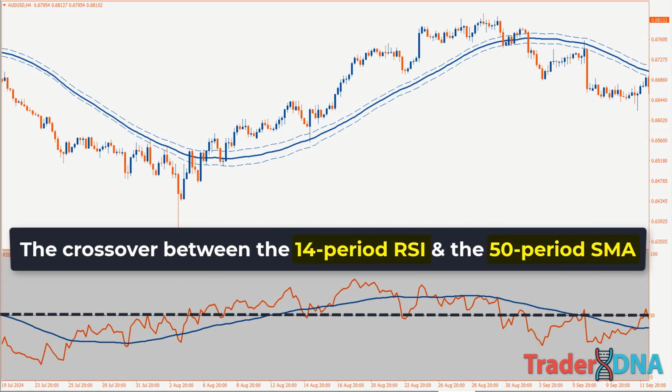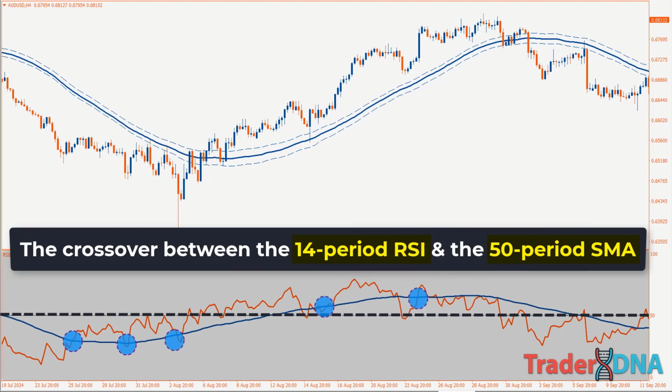The crossover between the 14 period RSI and the 50 period simple moving average. Now that we understand the positions of the RSI and simple moving average relative to the 50 level, let's analyze the crossover between the 14 period RSI and the 50 period simple moving average. The rule is simple. If the 14 period RSI crosses from below to above the 50 period simple moving average, it signals that a bullish trend is starting.